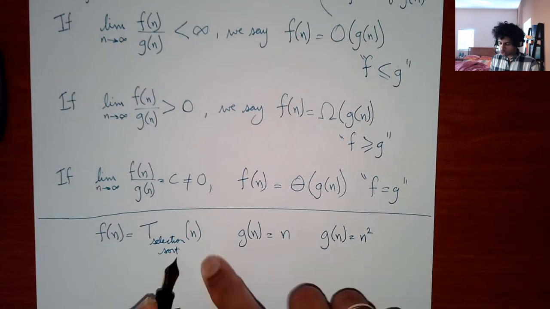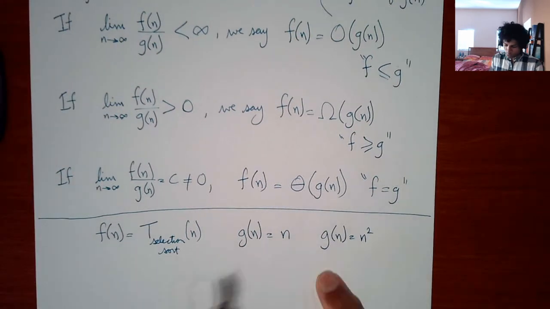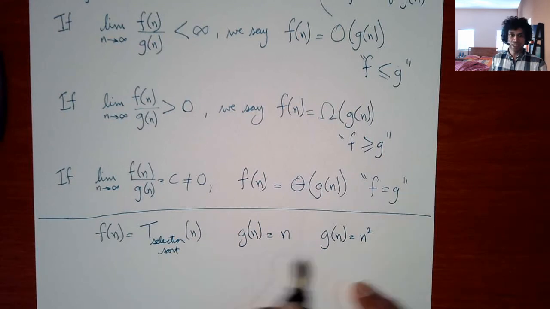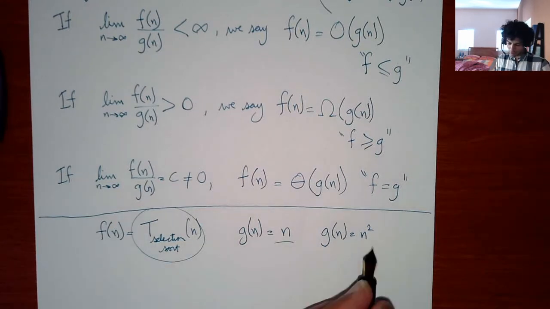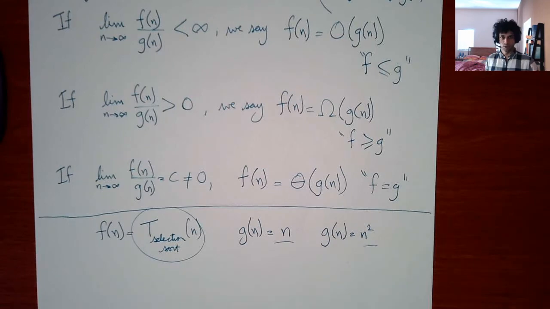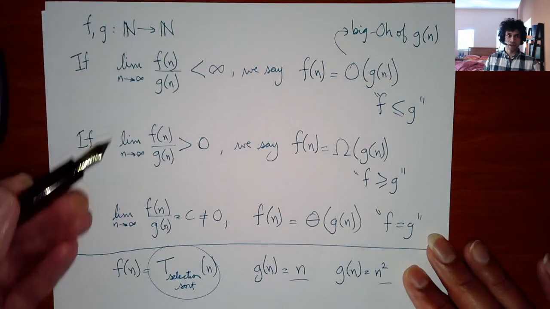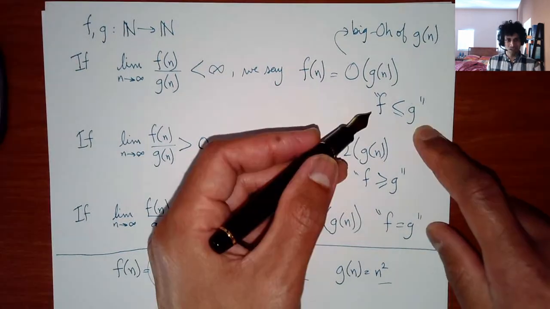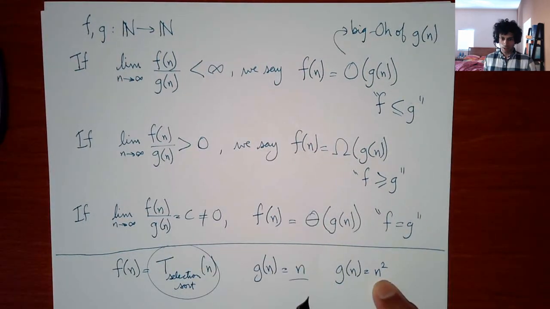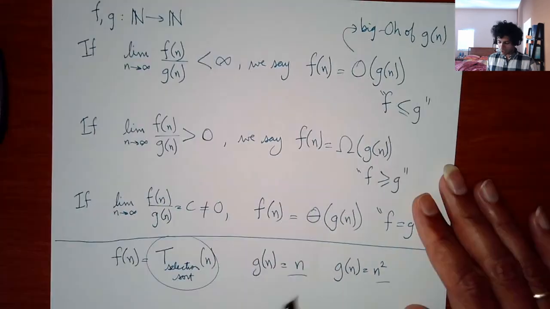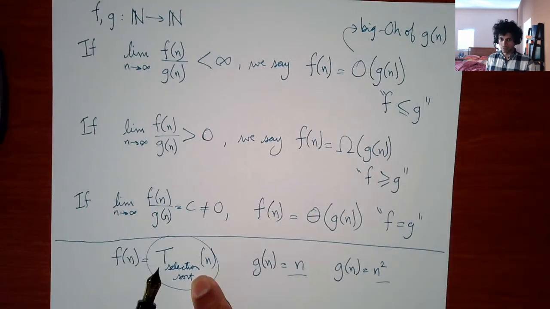So we can now try to compare selection sort with certain baseline easy to define functions. So instead of dealing with this complicated function, we can come up with simpler functions which we understand, like polynomials, and then use the O and omega and theta notation to basically say that it's the same as some simple function by taking the limit. So we can take the limit of T of n of selection sort divided by n, and see is this infinite or not.